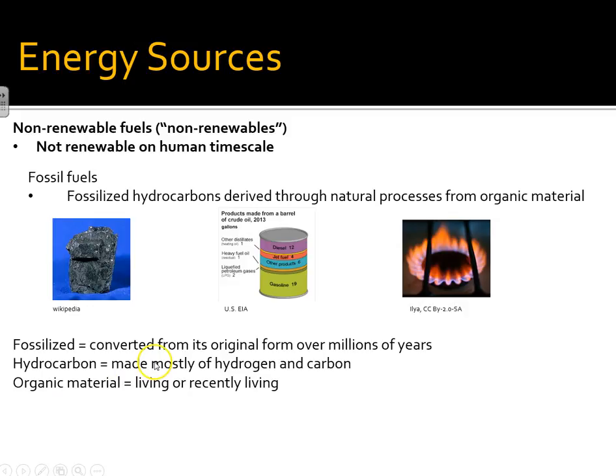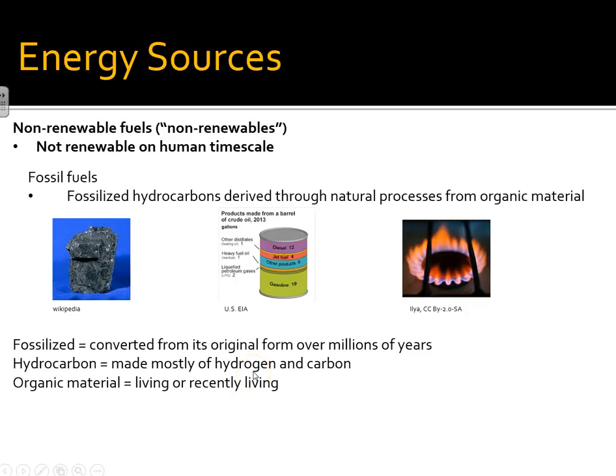Fossilized means it's basically converted from its original form. It's ancient, it's old, it's converted after being buried under rock for a long period of time, for millions of years. So fossilized just basically means old, like a fossil. Hydrocarbon means that it's made mostly of hydrogen and carbon.